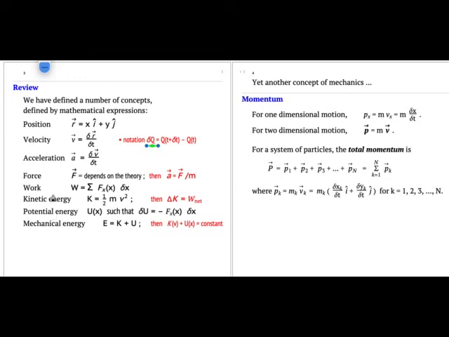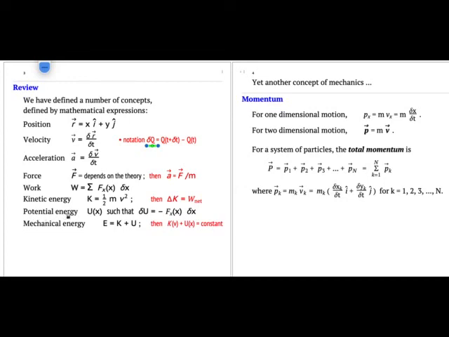And what's important about energy is the conservation law. The combination of kinetic energy plus potential energy, we call that the energy, the mechanical energy. That's a constant if the only forces in the problem are conservative forces. I guess I forgot to say here that potential energy doesn't exist for all forces.